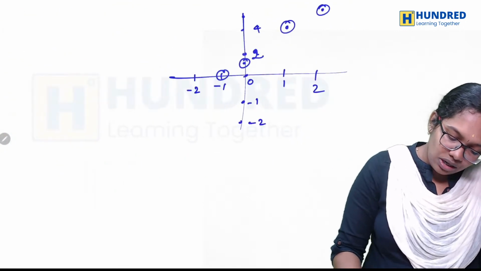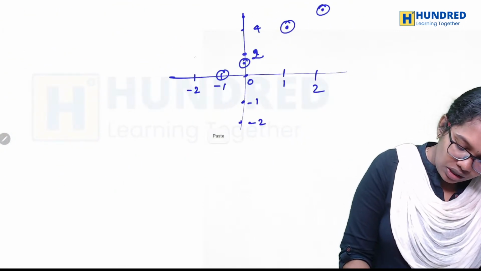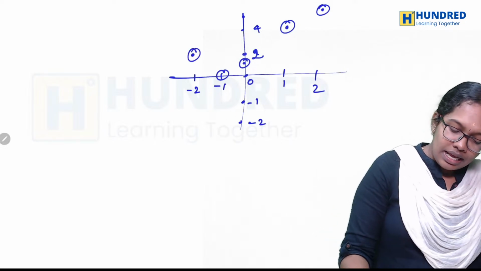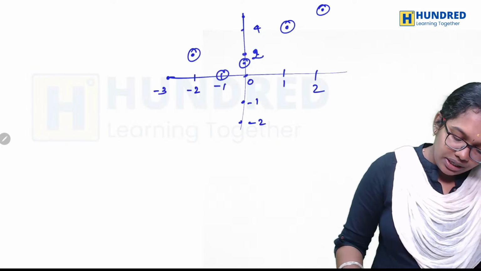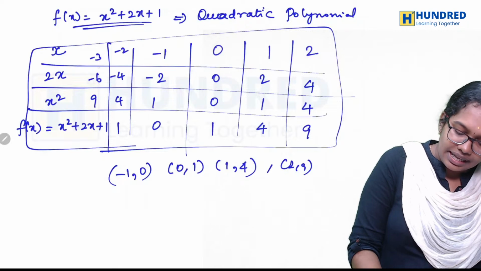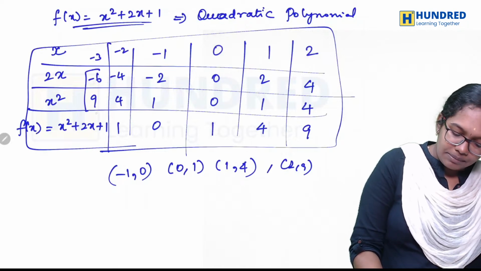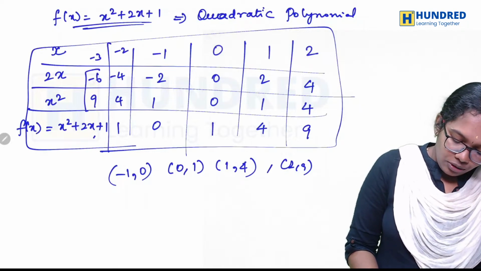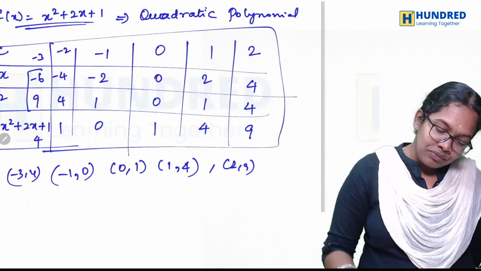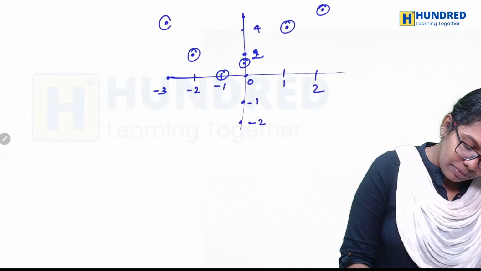So minus 2 comma 1 will be here. Okay, so if we take minus 3 here, it is going to be minus 6, here it is 9. On adding minus 6 plus 9, you'll be getting 4. So this is minus 3 comma 4, which will be here.